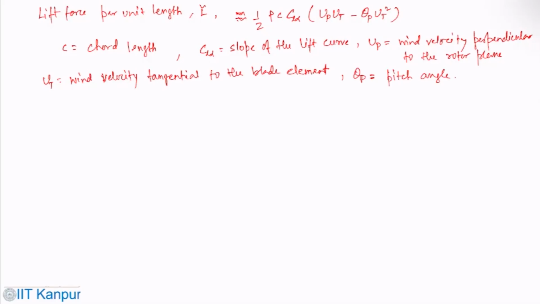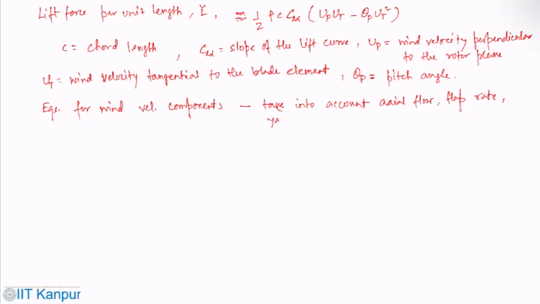So now the equations for wind velocity components, which take into account axial flow, flap rate, yaw rate, yaw error, and wind shear.